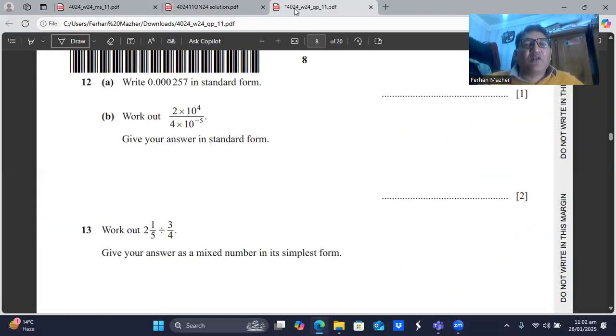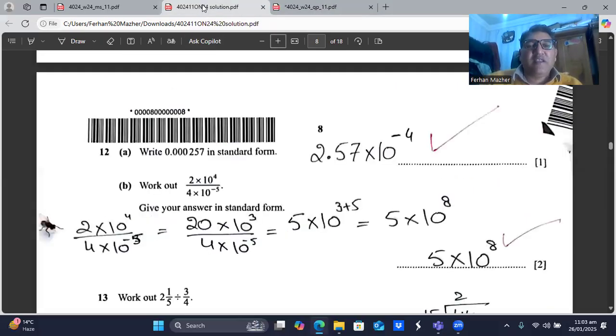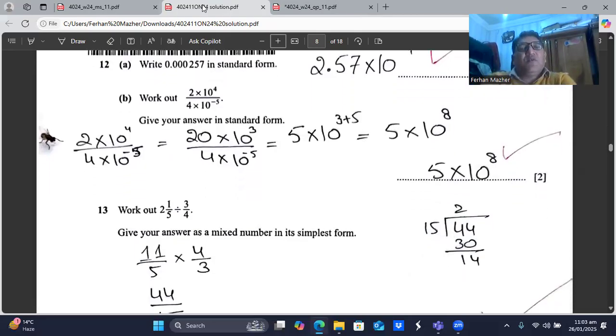So this is 2.57 into 10 raised to power minus 4. Okay, so here we go. Then we have the next question coming up on your screen, question number 12, part B. Work out 2x power 4 divided by 4x power minus 5. You can take the power of the 10 and give it to him. This becomes 20. So 20x power minus 3 divided by 4x power minus 5.